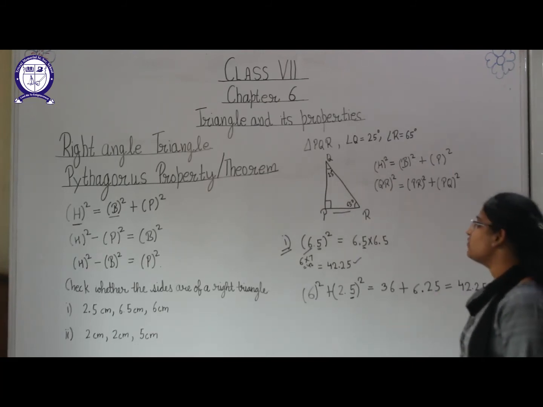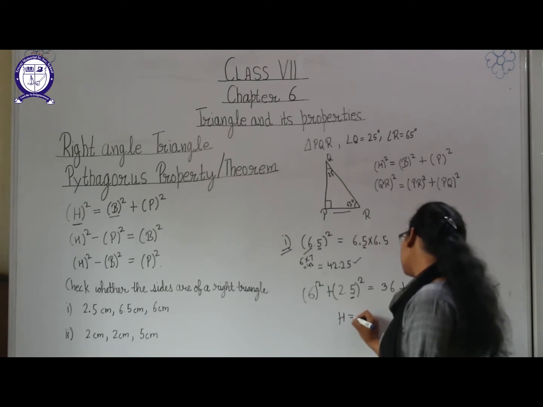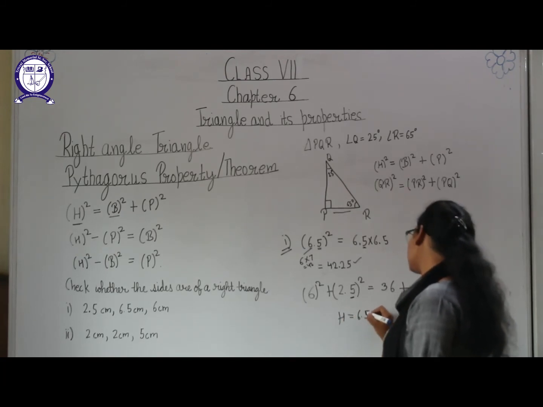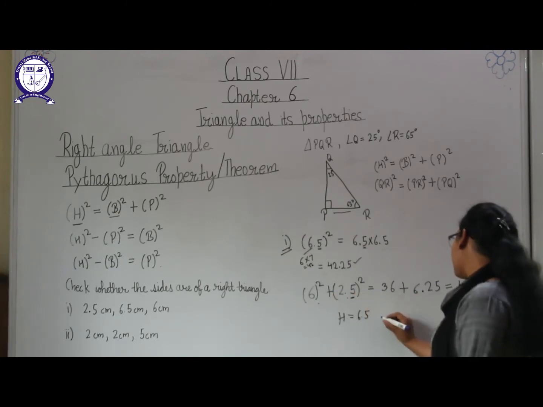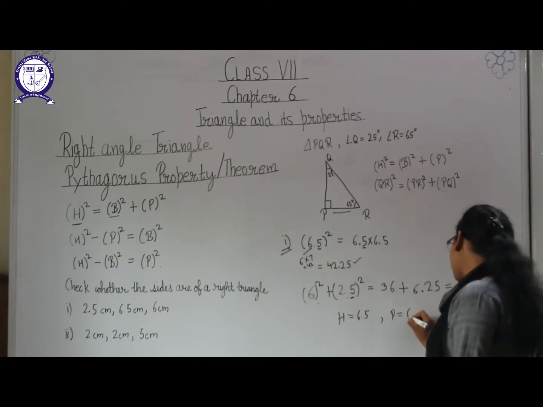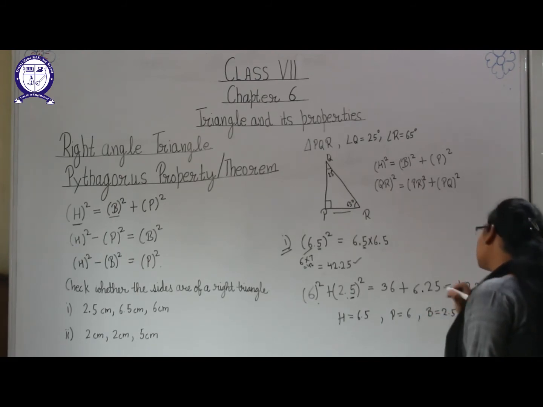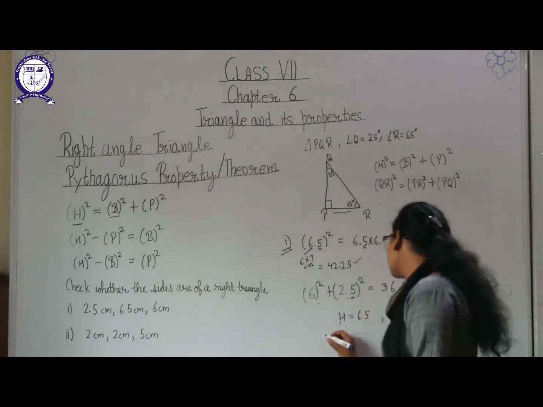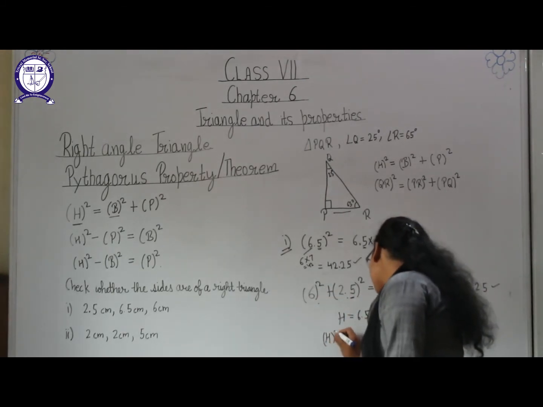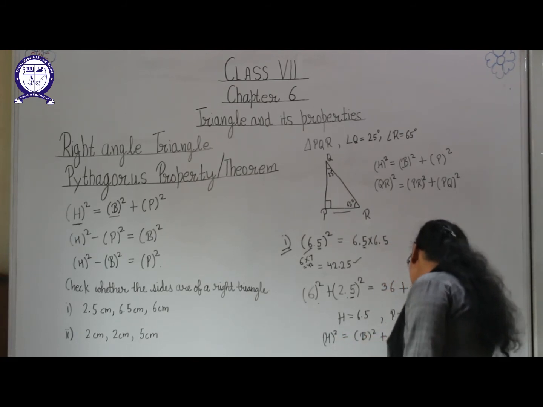So what does it mean? Suppose H is 6.5 here, because it is the longest side, and these two are perpendicular and base. Suppose perpendicular is 6 and base is 2.5. So what is the formula which these three numbers are verifying? The hypotenuse formula. That is, hypotenuse square is equal to base square plus perpendicular square.